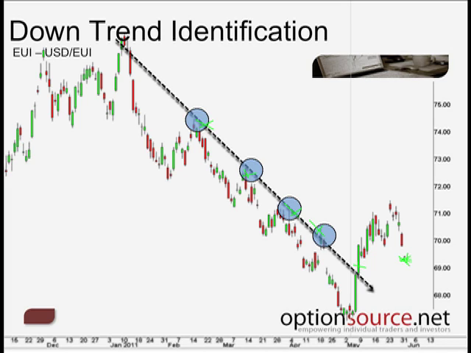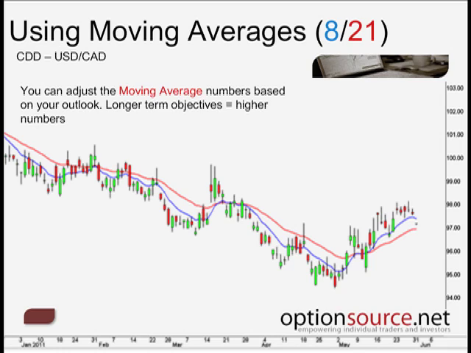On the U.S. dollar, and so our chart here is showing a nice little gap based on where it opened up this morning. So what we can actually do is we can add what's known as a moving average in place. Now, this is a snapshot of the CDD. This is the U.S. dollar versus the Canadian dollar, as seen here in the pair value CDD.